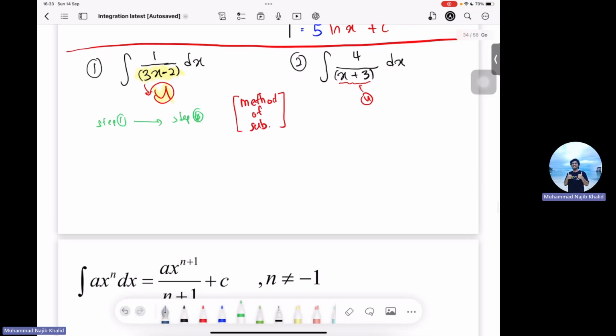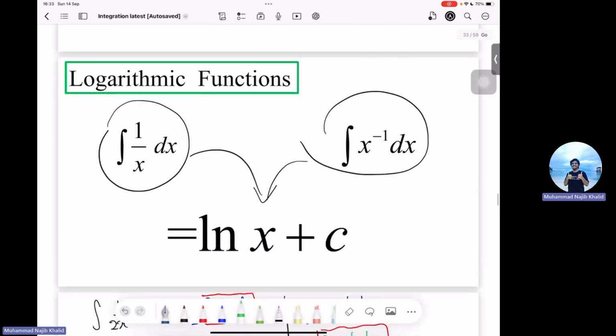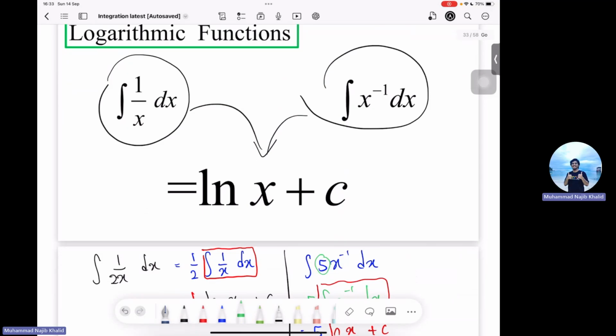All right, so we have done 3.2 for the first part, where we learned about the substitution method. Second, we learned about trigonometry and exponentials. And in this video, we examined the logarithm function, where we have only two cases, 1 over x and x^(-1). For these two, you can straight away write the answer as ln x plus c.